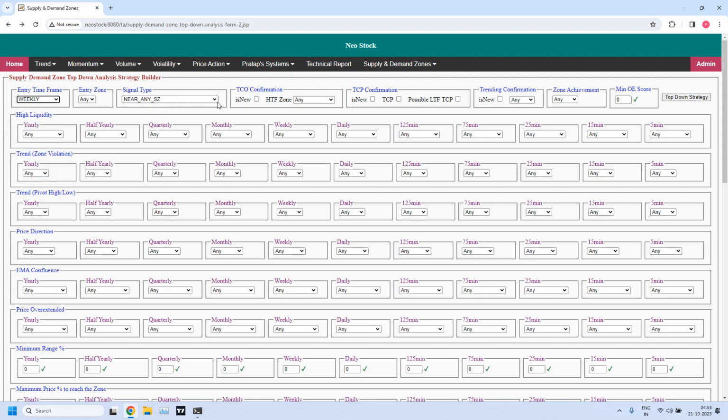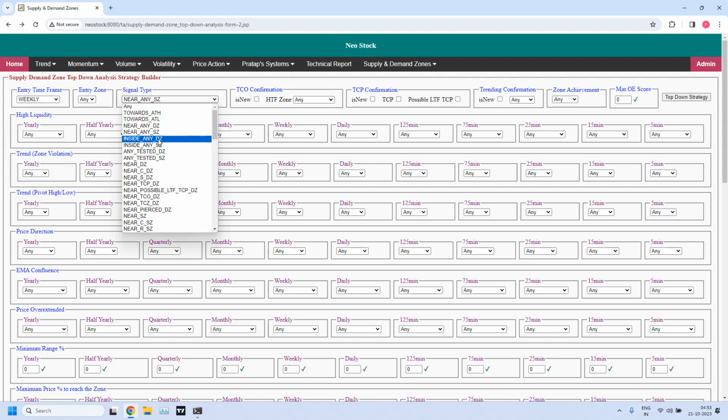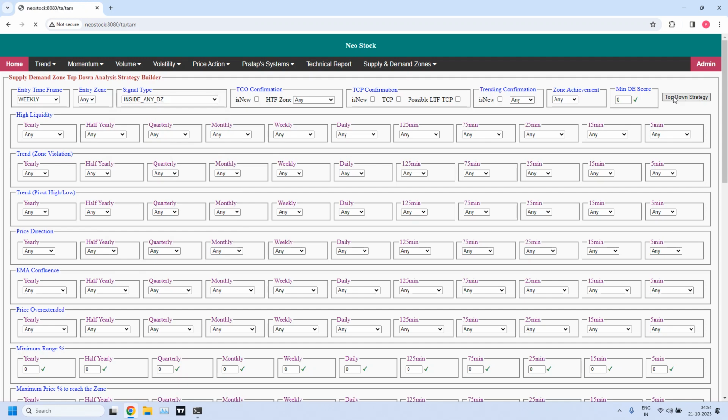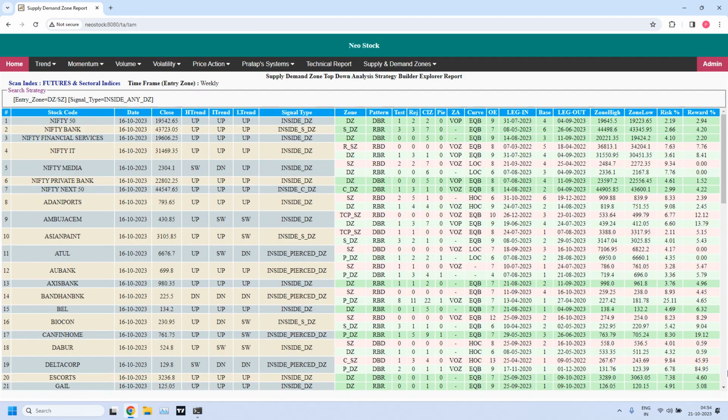So let's go back. For entry time frame weekly, let us find the stocks where price closed inside weekly demand zone. So we have a very big list. Earlier also we have seen a good number, nearly 60 stocks, closed in daily demand zone.